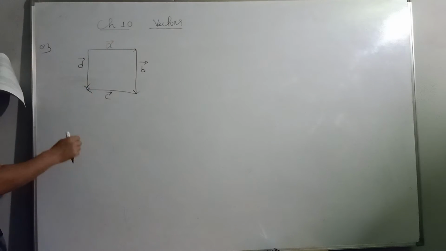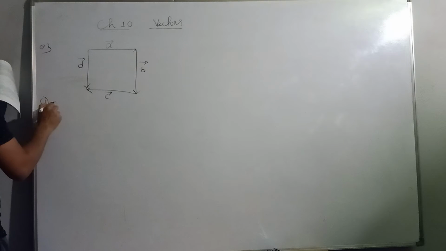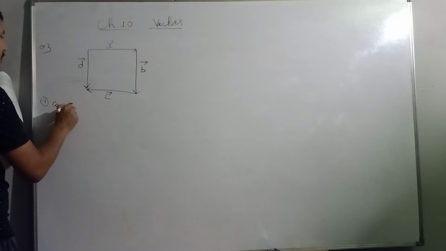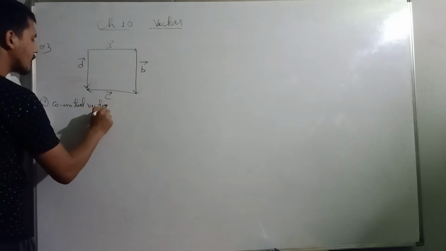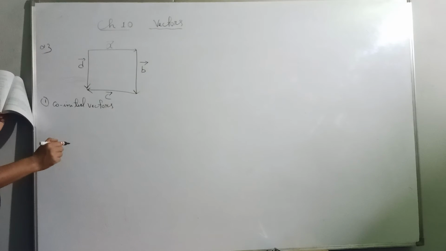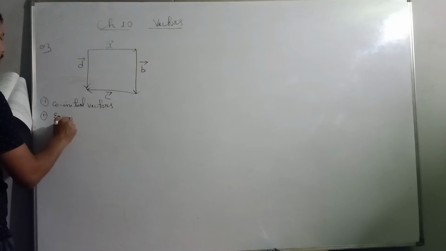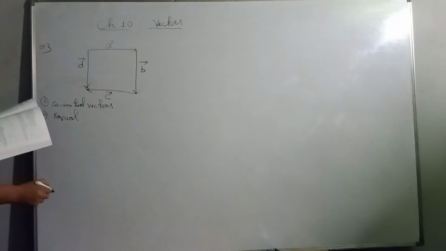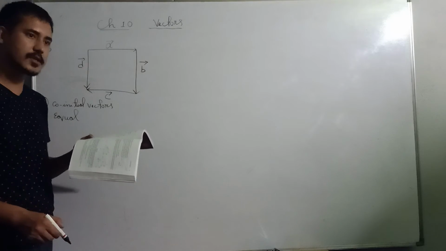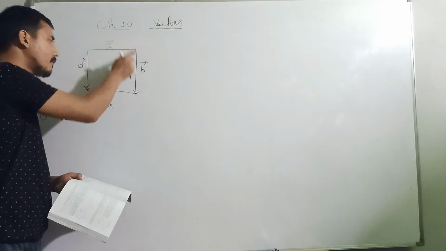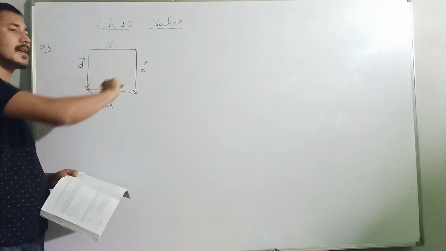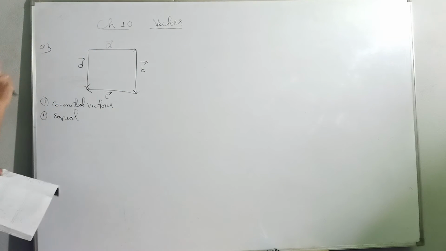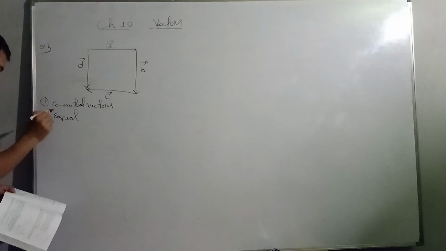So identify the following vectors. We have to check whether A, B, C, D are co-initial vectors. Co-initial vectors means vectors having the same initial point. Second, we have to see which of them are equal vectors. Equal vectors means their magnitude and direction are equal. Here the magnitudes of all the vectors are equal because the length of each side is equal, but we have to check the direction.